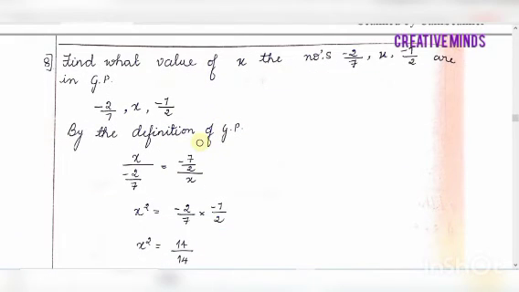Now move on to the next problem. Find what value of x makes the numbers minus 2 by 7, x, minus 7 by 2 in GP. We have to find the value of x.